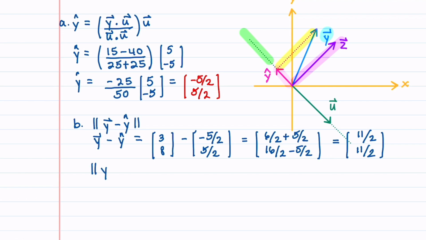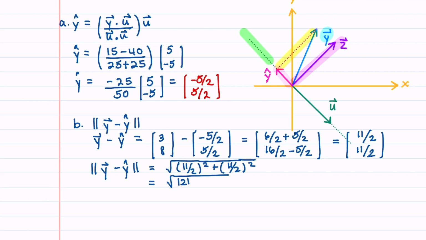So the magnitude of y minus y hat is going to be the square root of 11 over 2 quantity squared plus 11 over 2 quantity squared. It's nice that it's the same thing. This is going to give us the square root of 11 squared is 121.